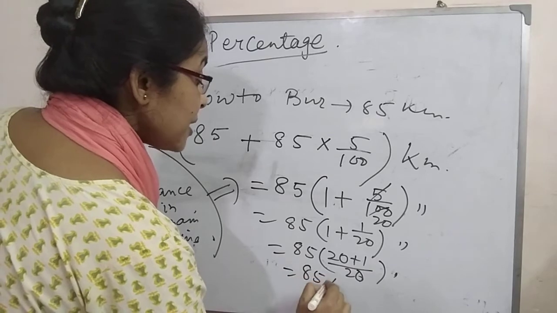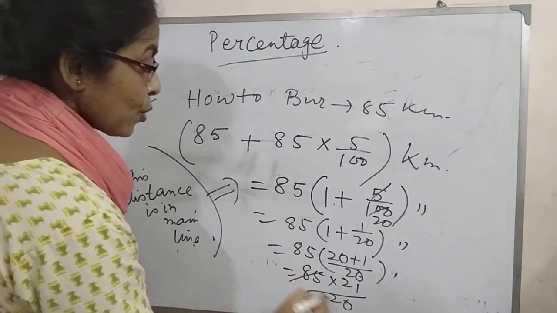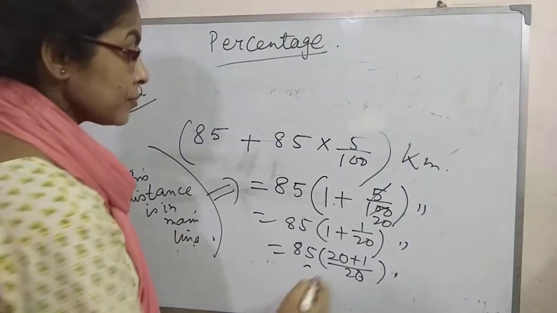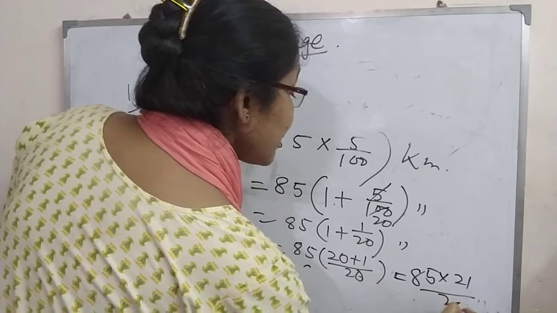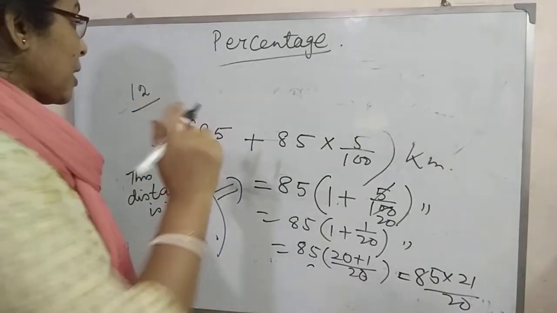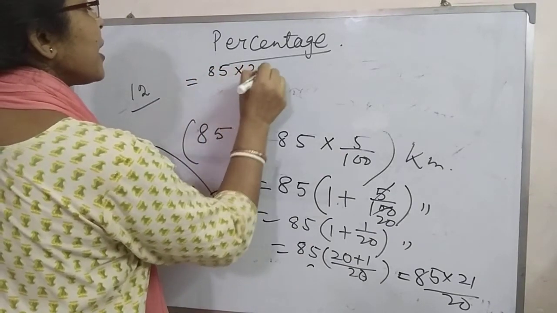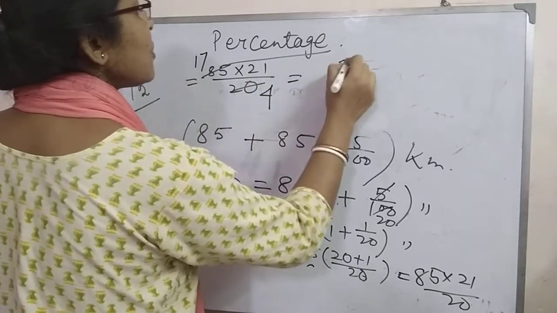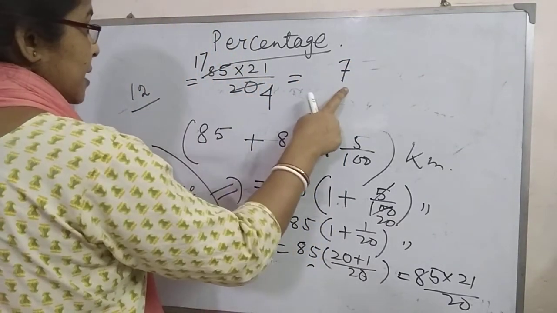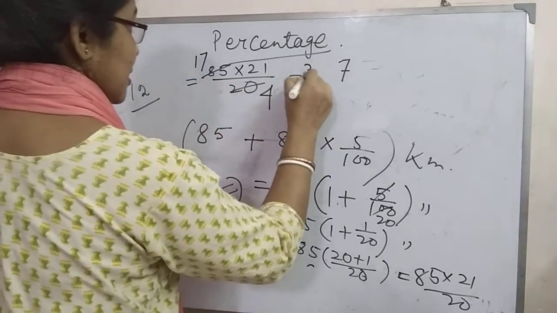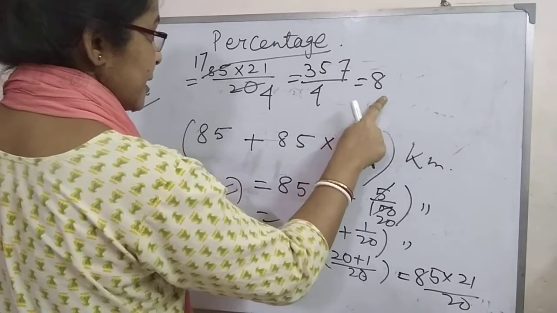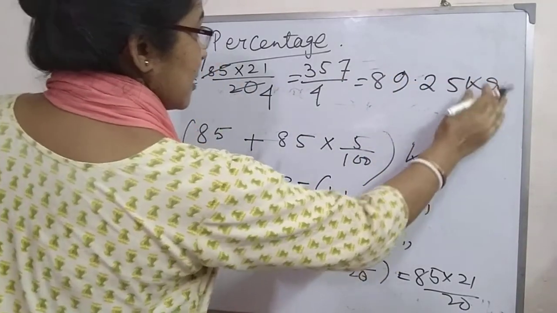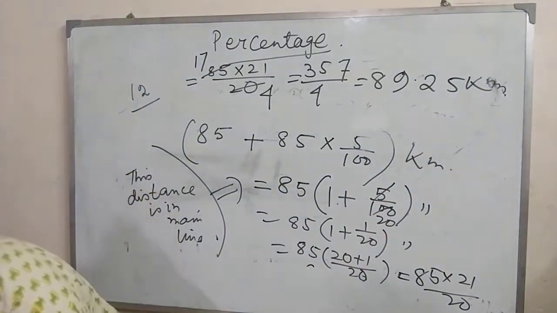This is equal to 85 into 21 by 20. 85 into 21 by 20, 17 into 21 by 4, this is equal to 89.25 kilometer.